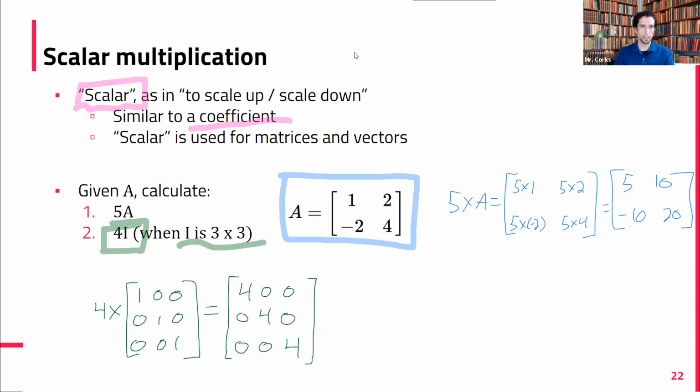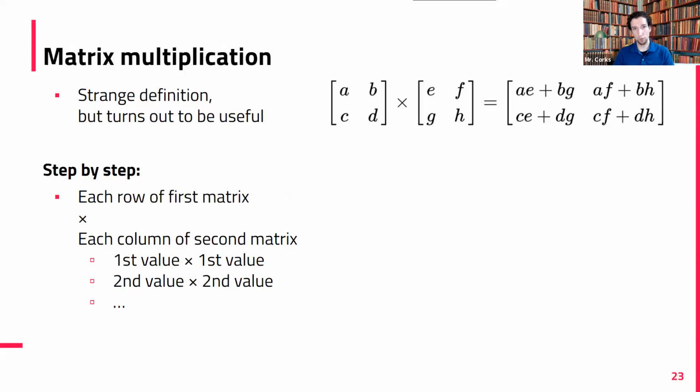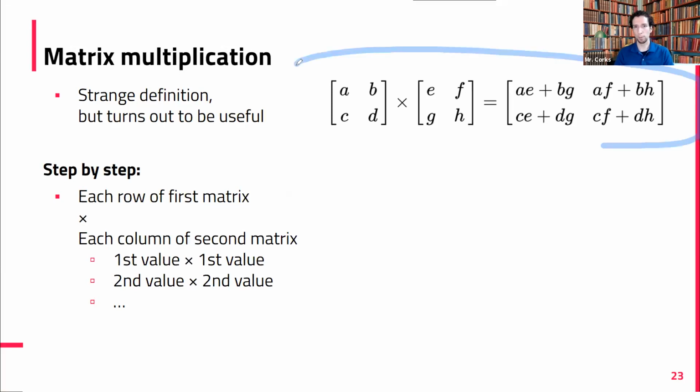All right, let's go on to the weird one, which is matrix multiplication. So I have a definition of it here at the top. I'll explain exactly how we get to that. I will tell you how we will use this. We'll look at some examples.